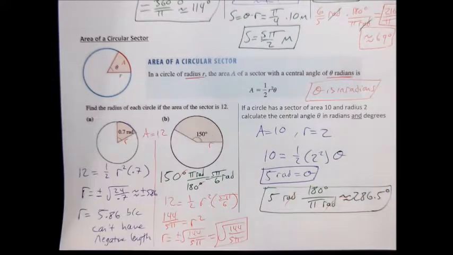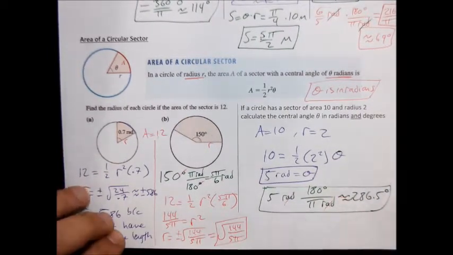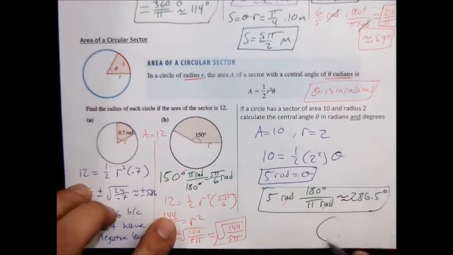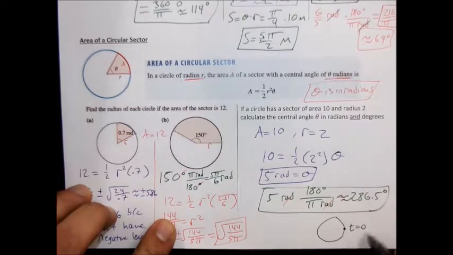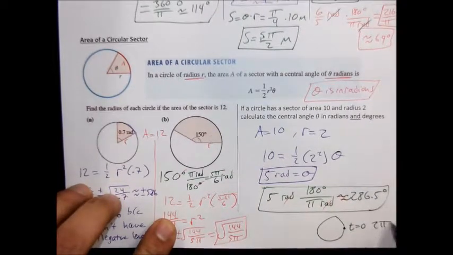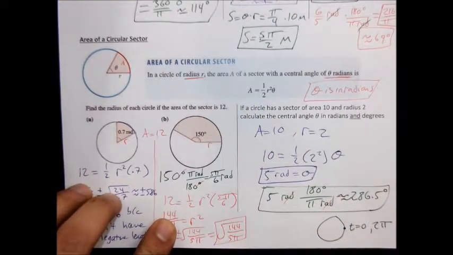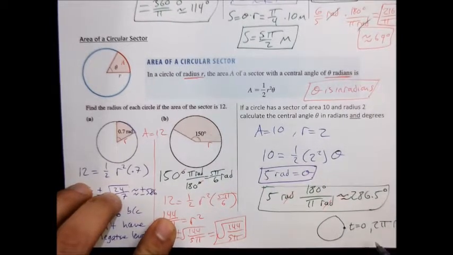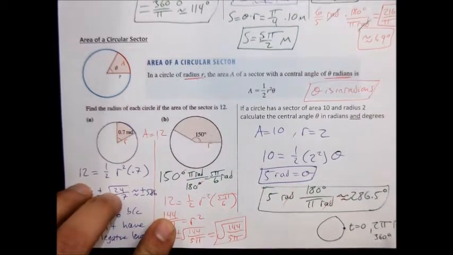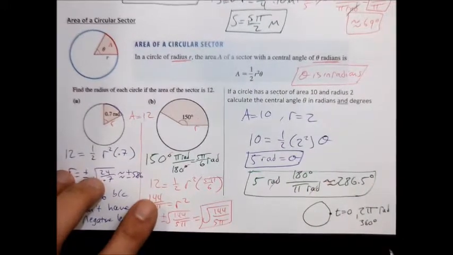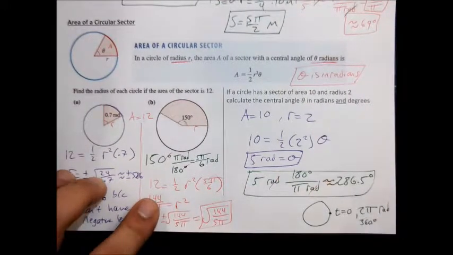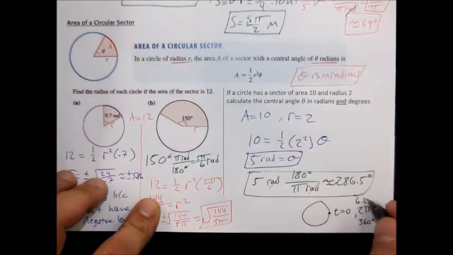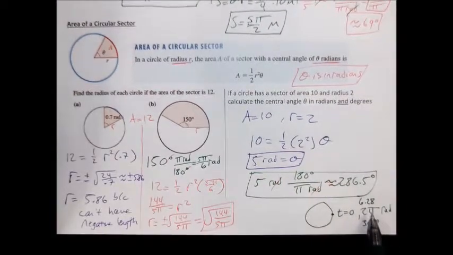And again, that should make some sense, because all the way around the unit circle is 2 pi. Let's think about that real quick, just to be clear. That's t equals 0 and 2 pi in radians, and it's 0 and 360 degrees in degrees, right? And so 5 radians is almost 2 pi. 2 pi is about 6.28.